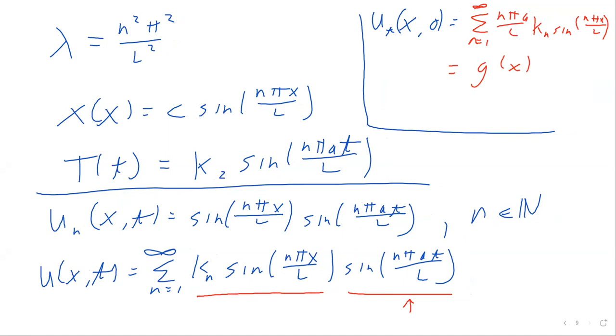So whenever we solve for our k sub n with this equation, we can then clear off that n pi a over L, and we're multiplied by 2 over L, so those L's will cancel.